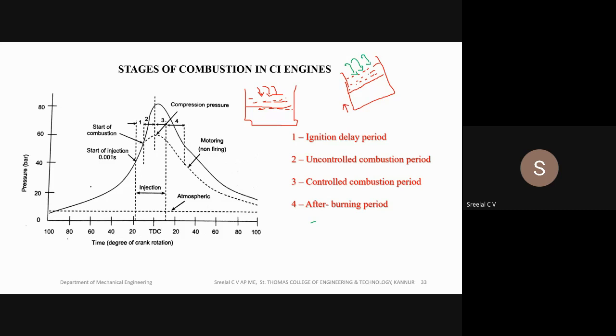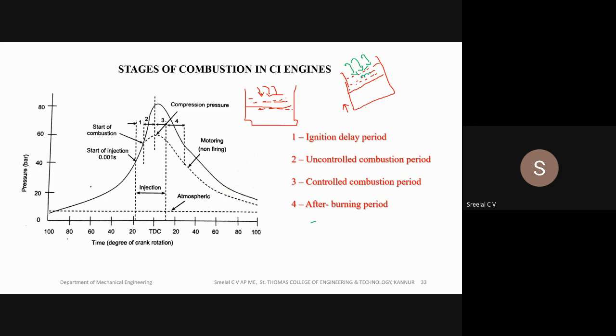This ignition delay can be divided into two stages. First, the fuel injected is atomized or vaporized and mixed with this air.